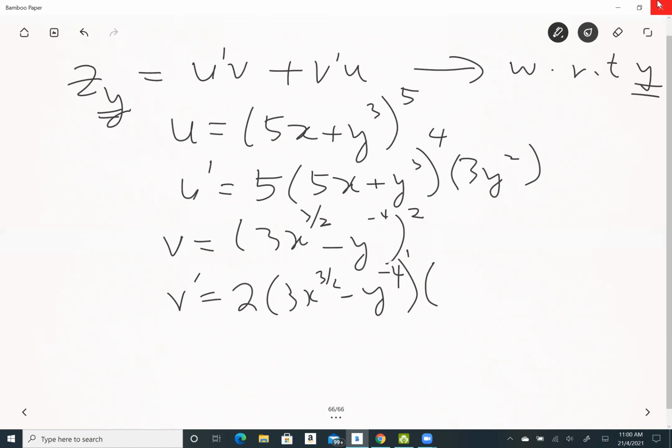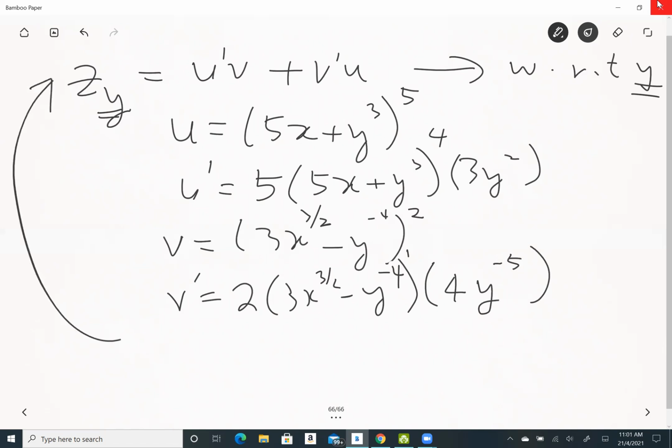You bring down the negative 4, multiply by negative 1, so that becomes positive 4. y, reduce the power by 1, becomes negative 5. So that's v prime. And then put back into the formula.